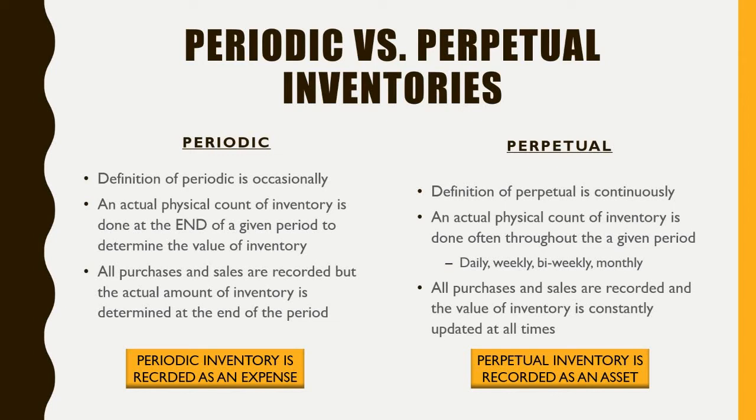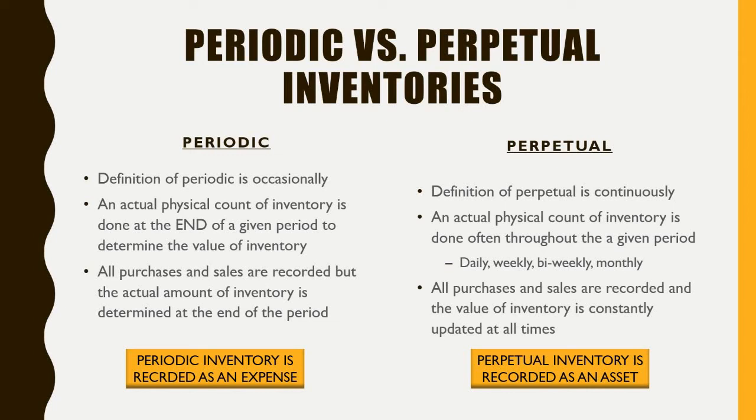So in this case, it doesn't matter whether we do a physical count, whether it's daily, weekly, bi-weekly or monthly, right? You should have a rough estimate of knowing how much inventory you have on hand at all times. Of course, that also excludes cases where people steal merchandise or people sell it but don't record it.